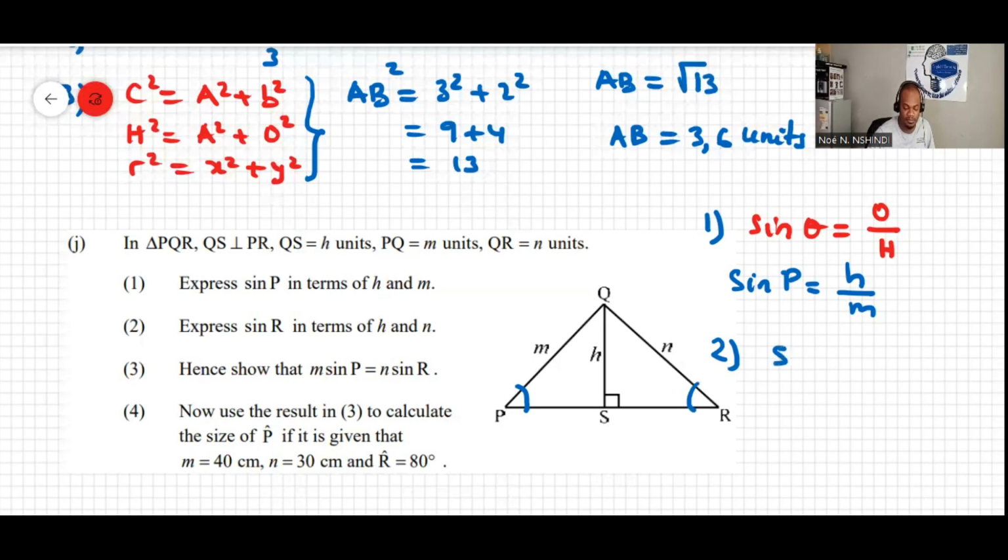So sine R will be equal to opposite H over hypotenuse, which is N.